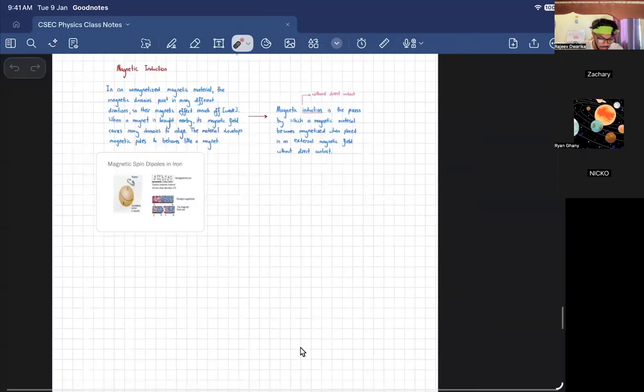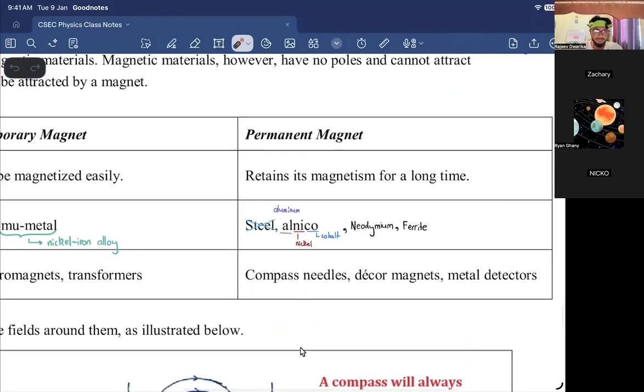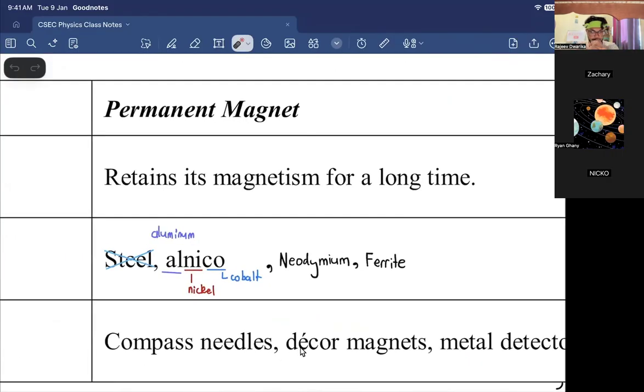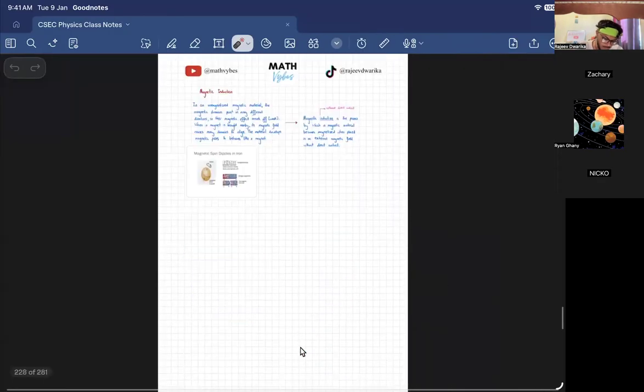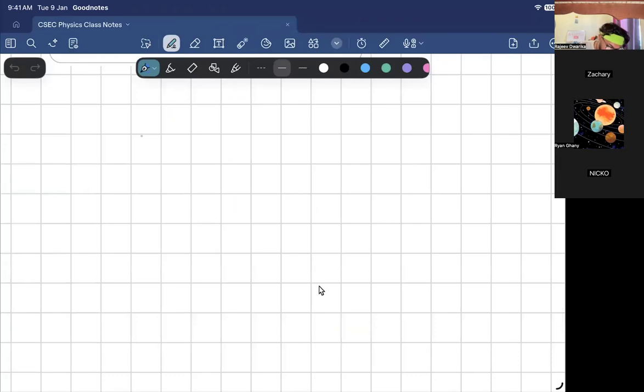Cool. So we understand magnetic induction. We understand the magnetic fields around a magnet. Nikolai, how many poles does a magnet have? Two, north and south, right? The magnetic field always travels from where to where? North to south. Exactly, always north to south.